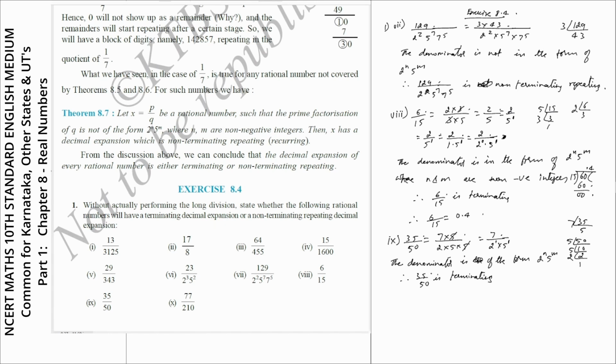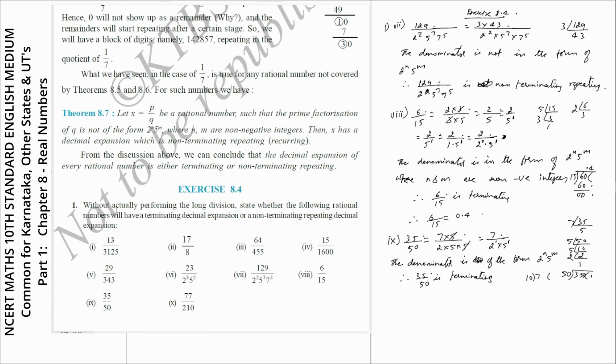To evaluate 35 by 50, I can divide 35 by 50. Same thing I can do by dividing 7 by 10 also. Now here 35 divided by 50 is not divisible, so I'll put one point and put one 0.